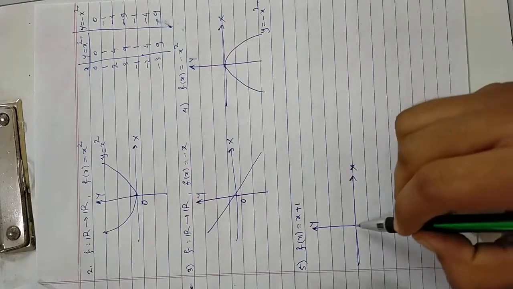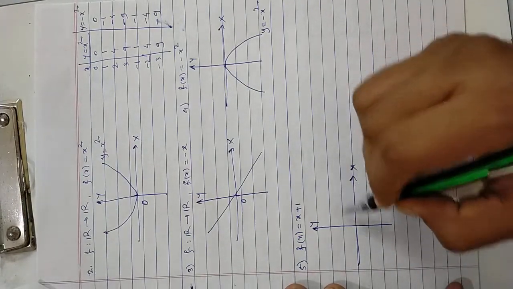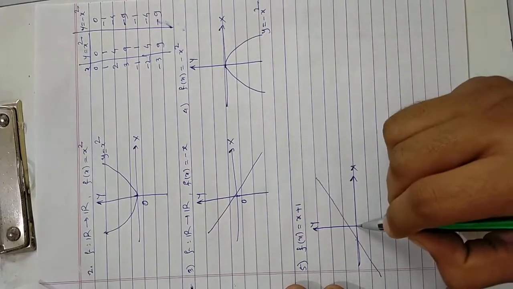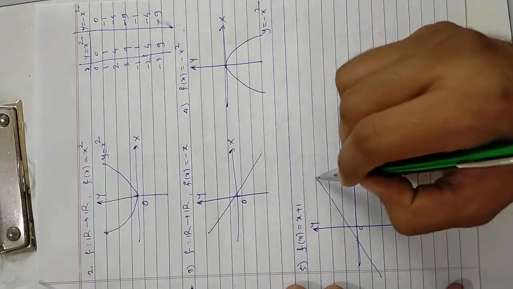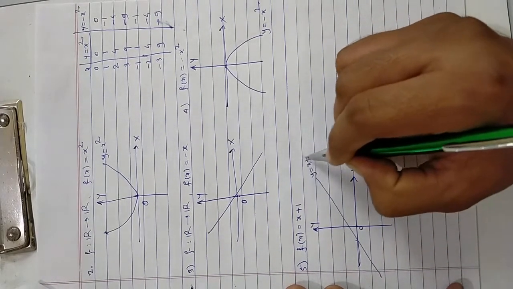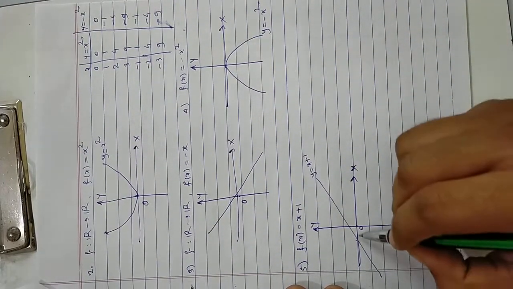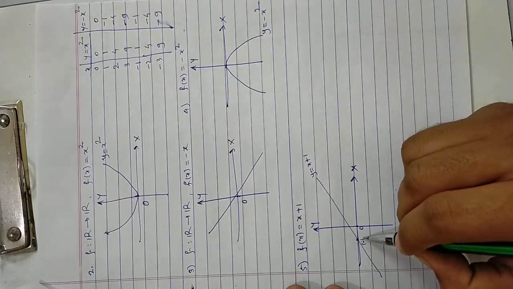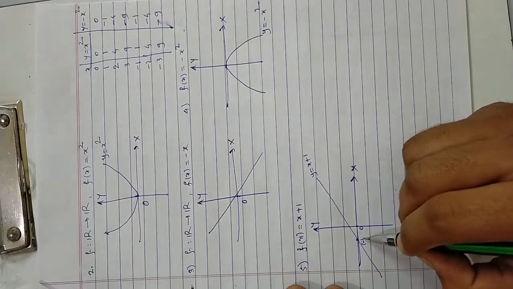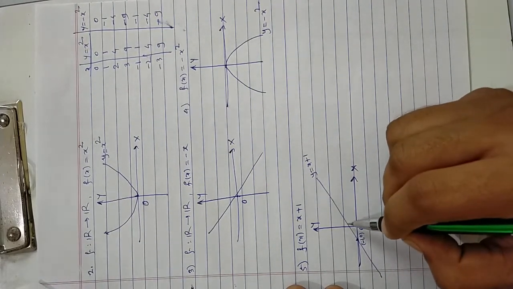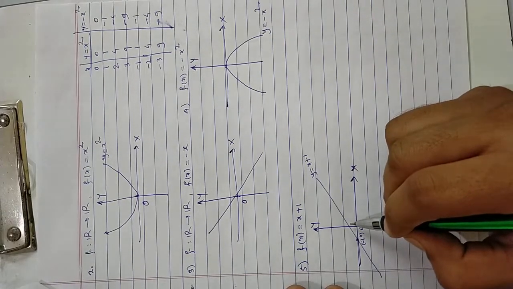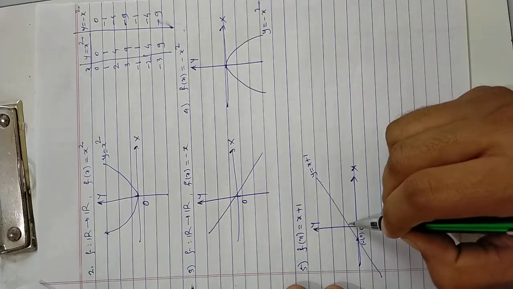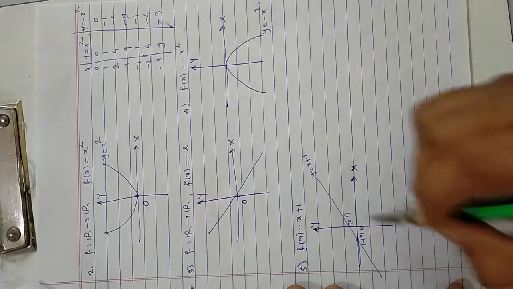So our graph y equal to x will be shifted up by height 1, right? Initially it was here, y equal to x, so now it is y equal to x plus 1. It will pass through these points, minus 1 comma 0, and 0 comma 1.